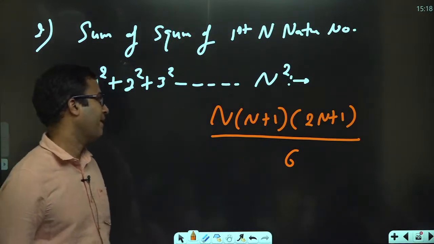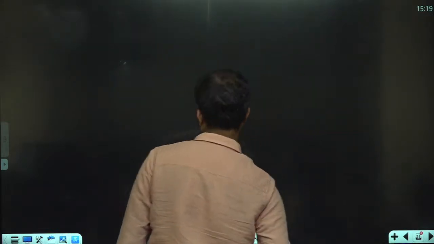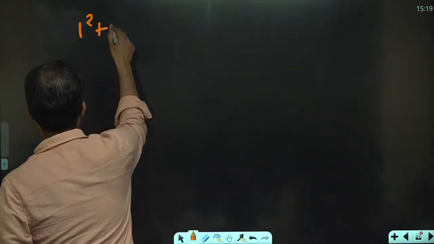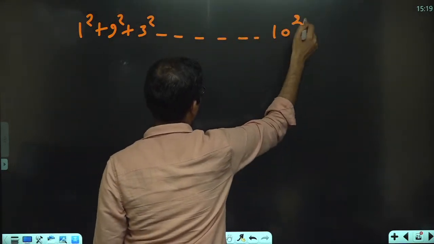Okay. 1 square plus 2 square plus 3 square up to 10 square.